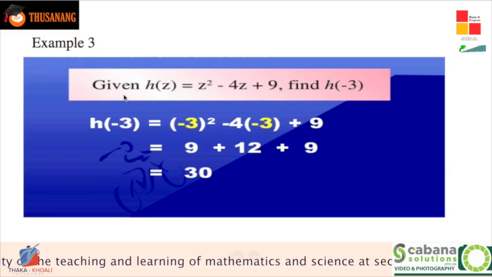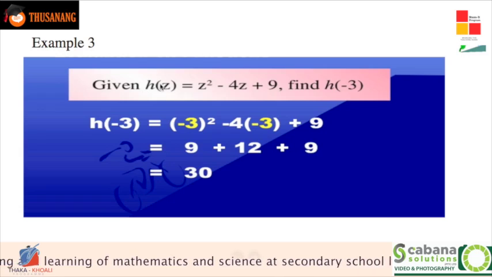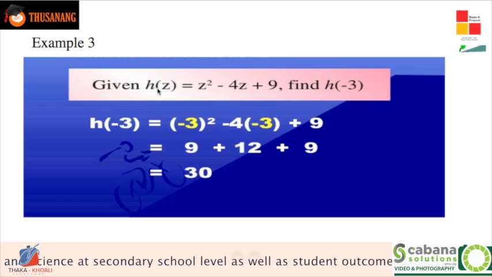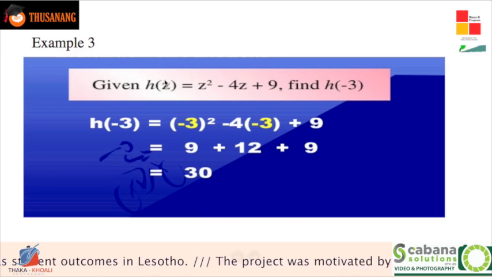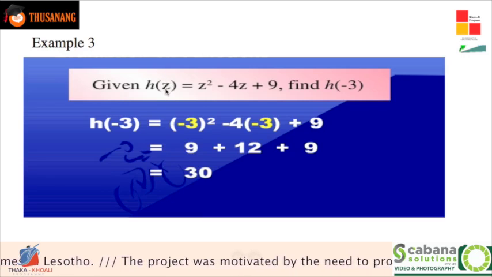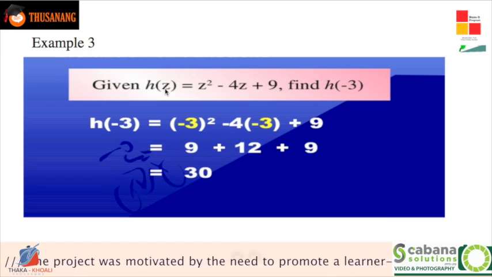Okay, in the next example, instead of f of x, we have different letters, h and z. Like I said earlier, not only f and x can be used in our functions. We can use different letters.